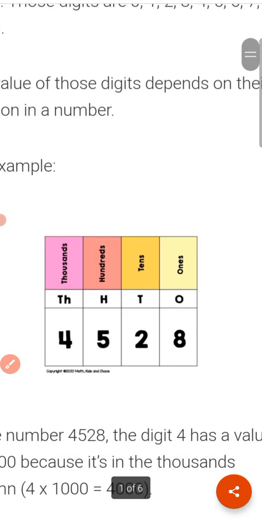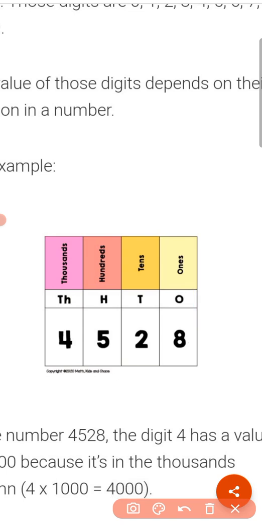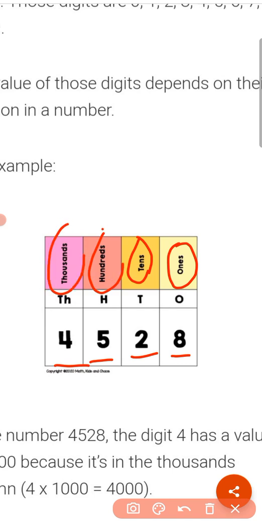Here, 8 is in ones place, 2 is in tens place, 5 is in hundreds place and 4 is in thousands place.